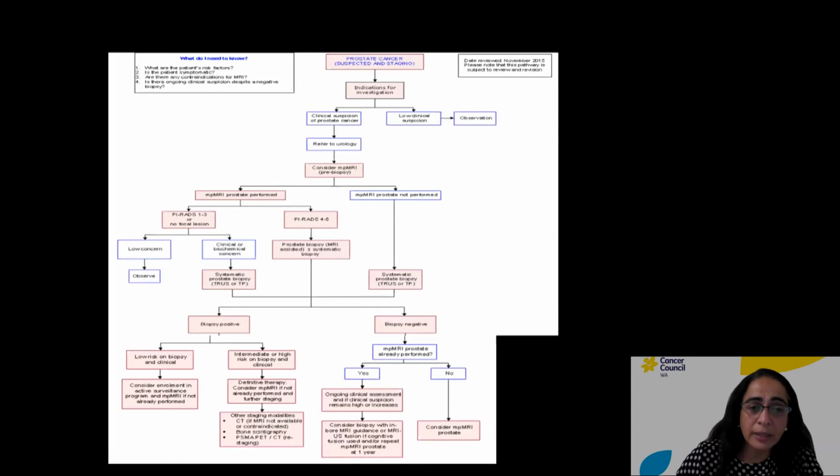If there's a high suspicion, then the patient gets referred to urology, who organizes these multiparametric MRIs if they are available where they are, and then further on these lesions get characterized as per PI-RADS, and algorithmic flow management follows as shown.